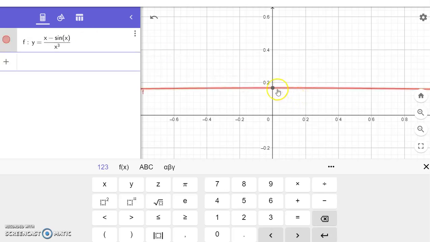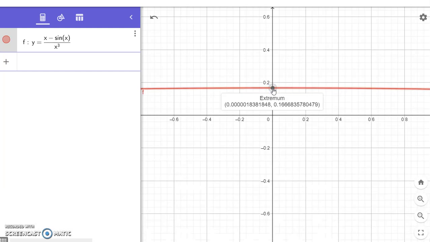We can see that it does in fact cross this axis. As it approaches 0, it is not 0, but it's some value besides that. So this gives us a way to figure out what that value is. So let's go ahead and have at it.